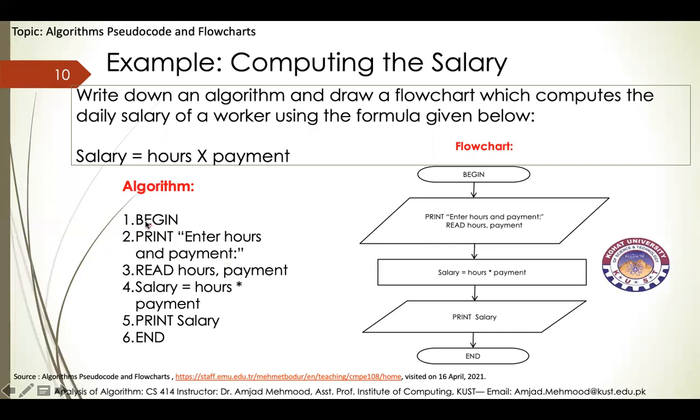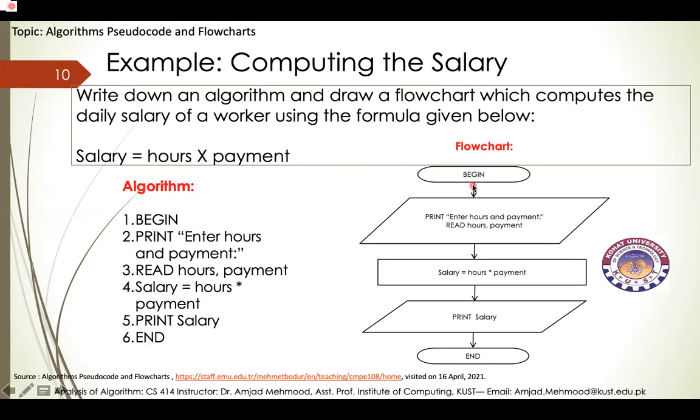So now begin, you have to enter hours and payment, because these are the two variables, since for the salary you must know hours and payment. Then you will read hours and payment, they will be multiplied, you will get the salary, and then the salary will be printed, and this is how the program ends.